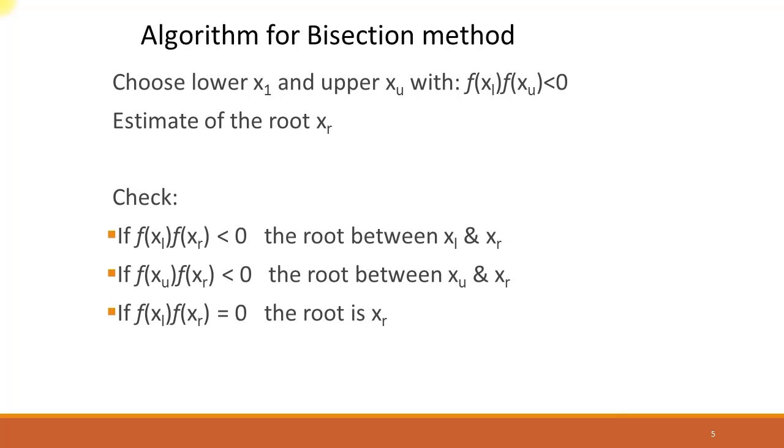If the function has opposite signs at xl and x1, then x2 = (xl + x1)/2, and if the function has opposite signs at xu and x1, then x2 = (x1 + xu)/2. And if at any stage f(xl) f(xr) is equal to 0, then xr is the root of the given nonlinear equation.